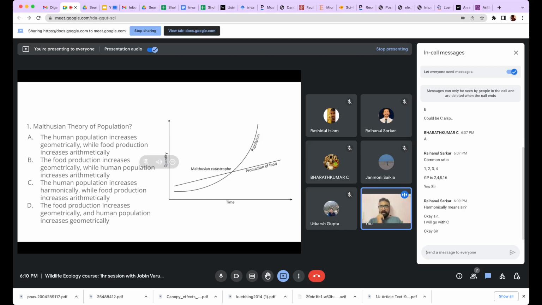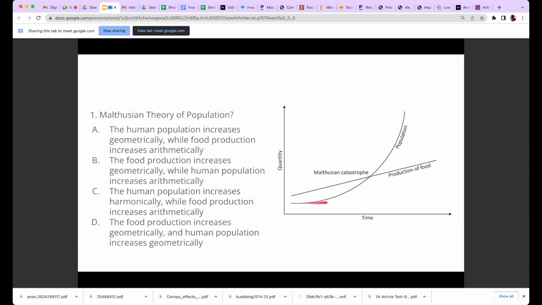So in this graph, the population curve is geometric, where this is 2, then it increases double of that to 4, then double of that to 8, then double of that to 16. Whereas in arithmetic progression, production of food, it's basically 1, 2, 3, 4, 5, like that. So it goes arithmetically over here, whereas in population it goes geometrically over here. So what Malthus was saying is that population would increase geometrically, while the food production would go arithmetically.